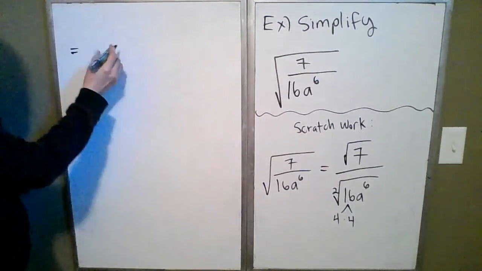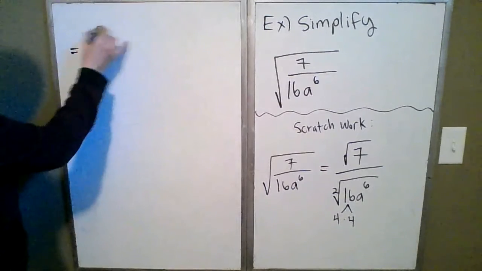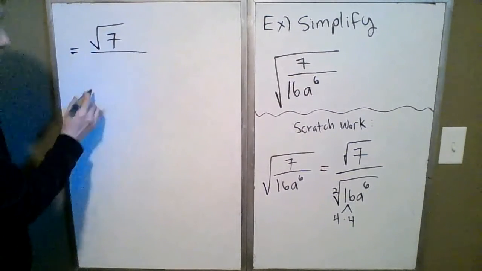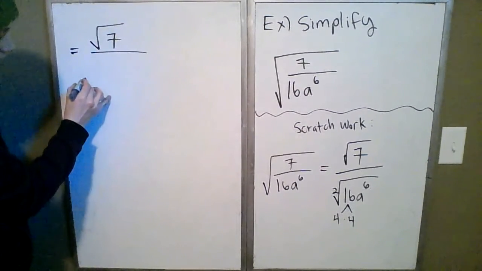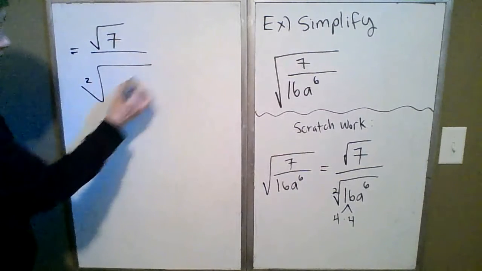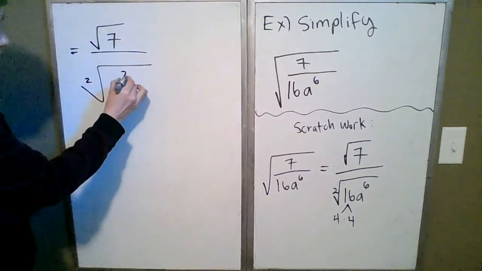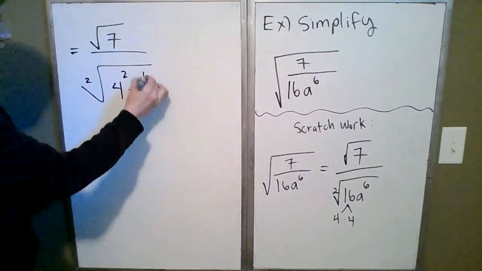So the root of 7 is as simplified as it can get. This root, square root of 4 squared times a to the 6th.